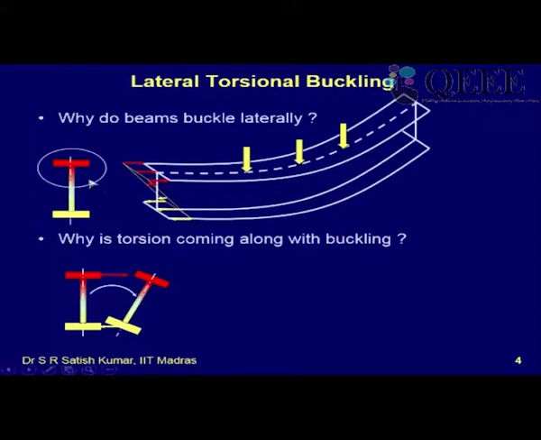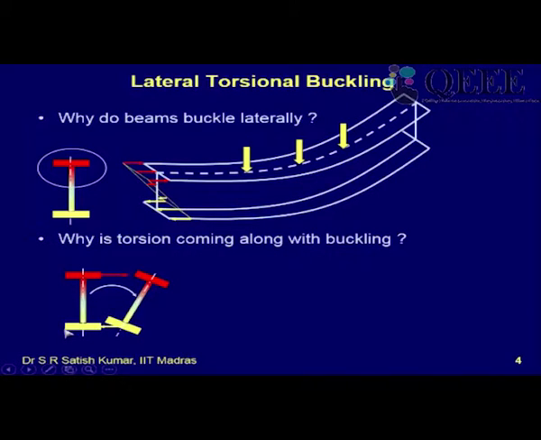Now the next thing is why torsion is coming along with this lateral buckling, because you can see here in the lower part of the figure, the upper part of the beam is trying to move out due to lateral buckling, but the lower part below the neutral axis is under tension. So it has no need to buckle laterally. In fact, it doesn't want to buckle. In fact, even if you take a bent member and you try to apply a pull, it will straighten up, right?